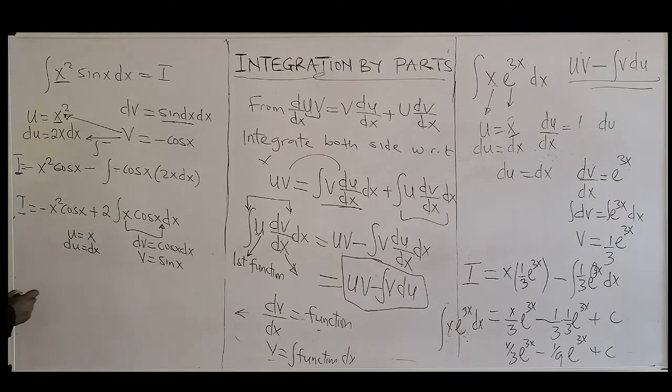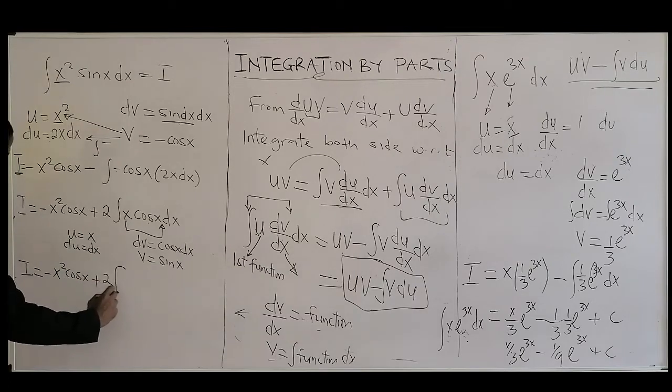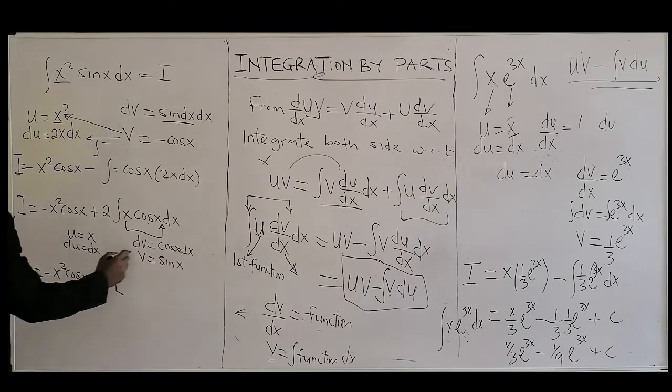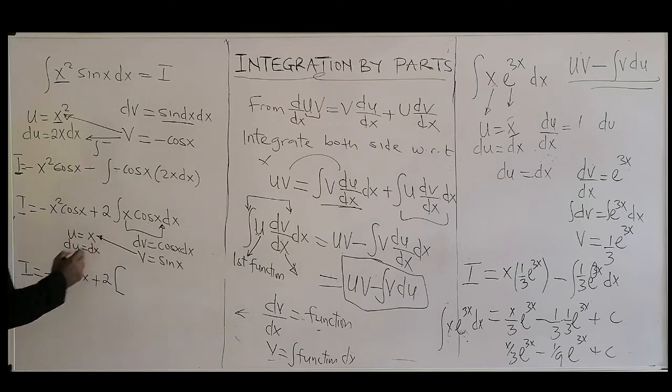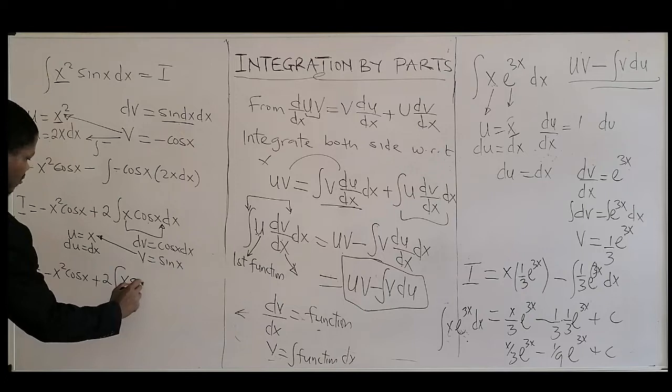So I can use my formula. Don't forget the formula. And that will be I equal to minus x squared cos x, then plus 2, open brackets, uv. This one will multiply this one together, that will be, the u is x, my v is sin x.